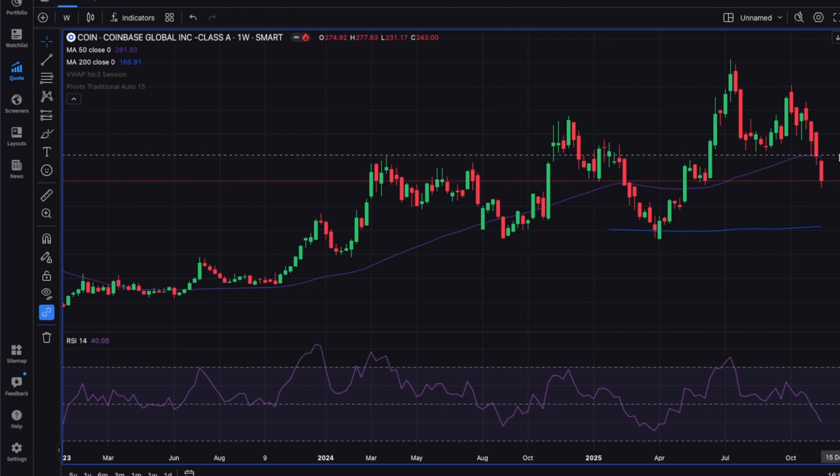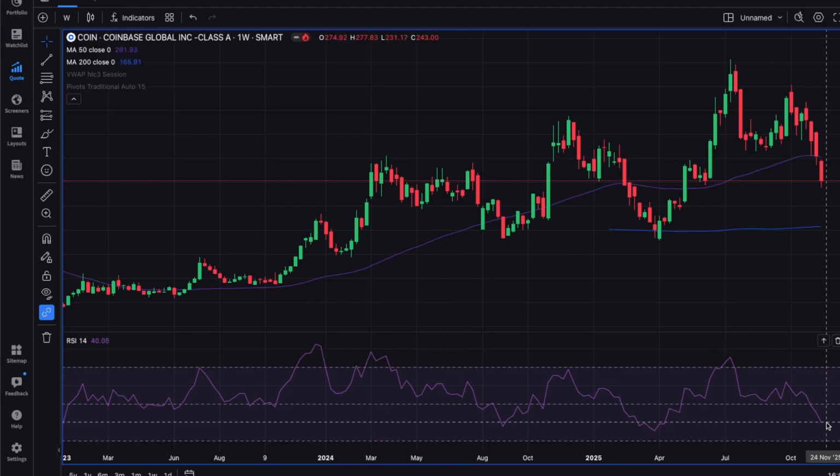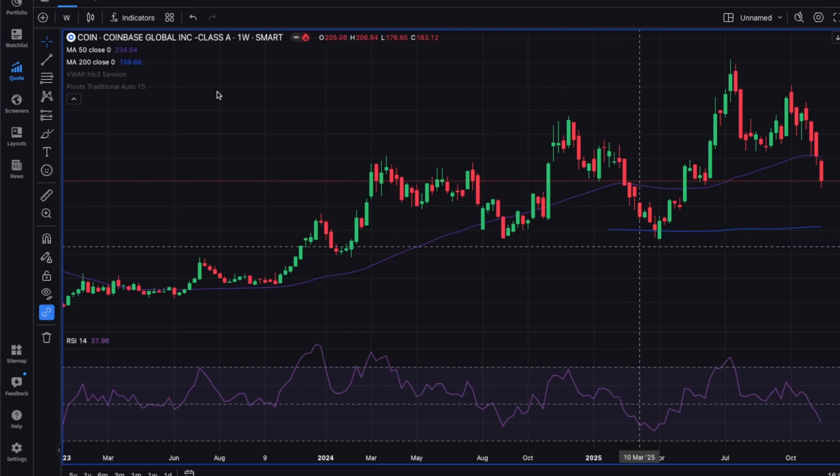It's broken through its 50-week moving average and looks like it could be heading towards the 200-week simple moving average. So it's not quite oversold yet on the weekly RSI, but it's come down quite a bit in the last few weeks, the last few months.